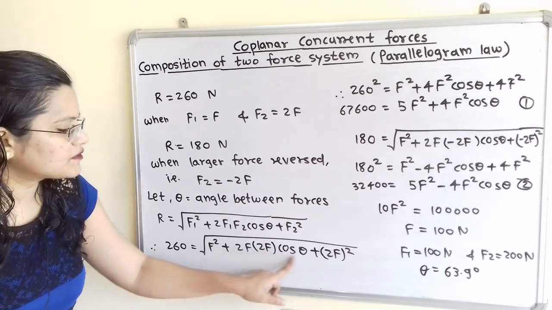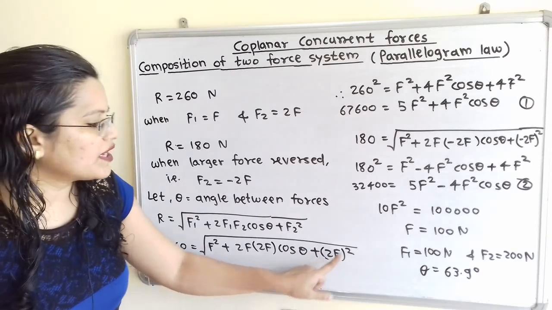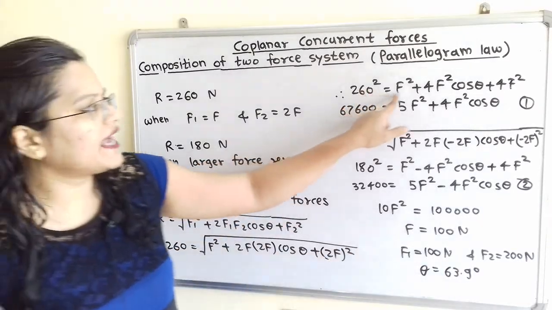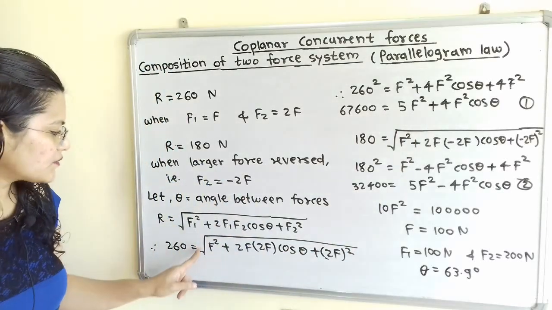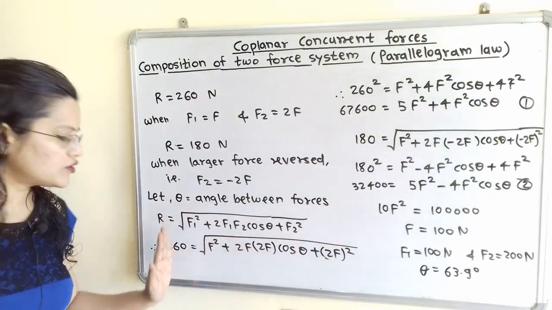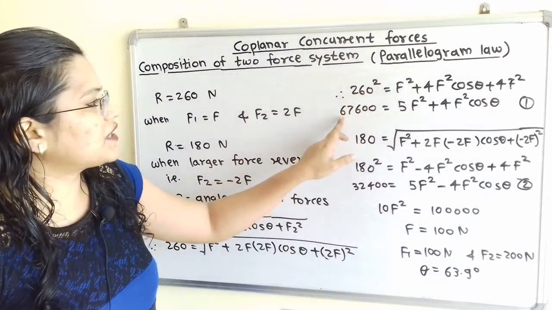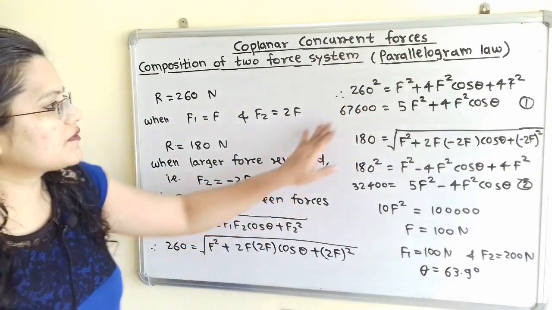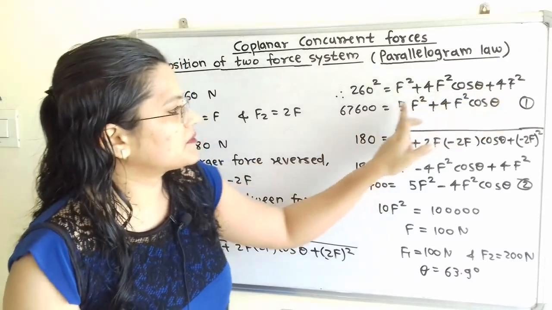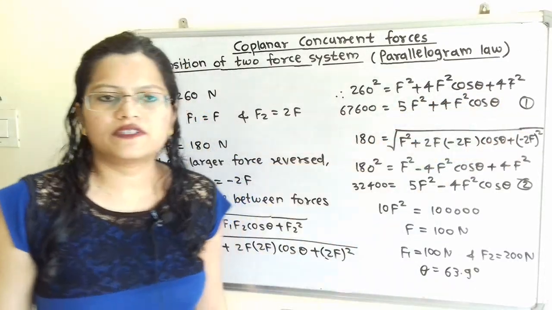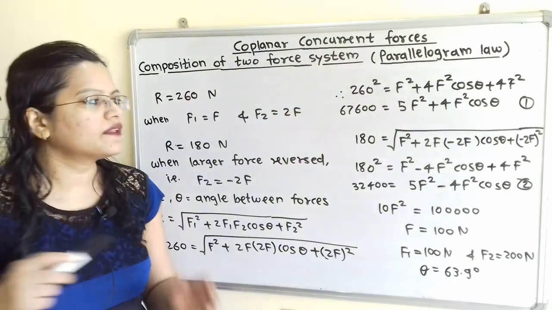So 4F square cos theta and (2F) square, that is 4F square. Now the square root is getting cancelled because we have squared on both sides. On the left hand side we write the value of R square, and F square plus 4F square, that is 5F square plus 4F square cos theta, which is equation number 1.